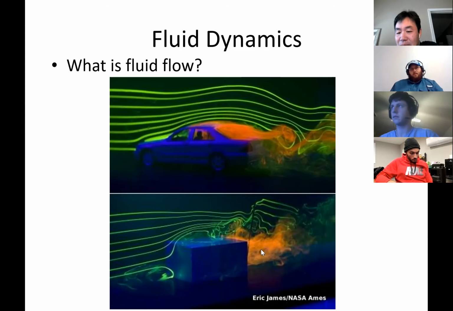In the back, the block has much lower pressure than the car. From that, I don't even need to put an instrument there to measure the drag. I can tell from looking at the flow that the block has larger drag.